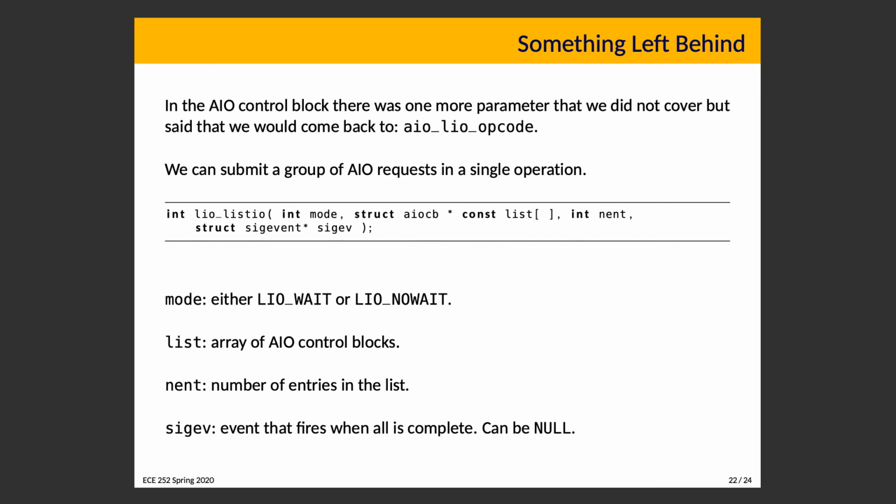It takes the mode, the list of AIO control blocks, so a pointer to the array that corresponds to them, and the number of entries in the list. This time autocorrect didn't bite me on that, so that part is spelled correctly, so hooray. One small victory. And sigevent is an event that fires when all are complete.